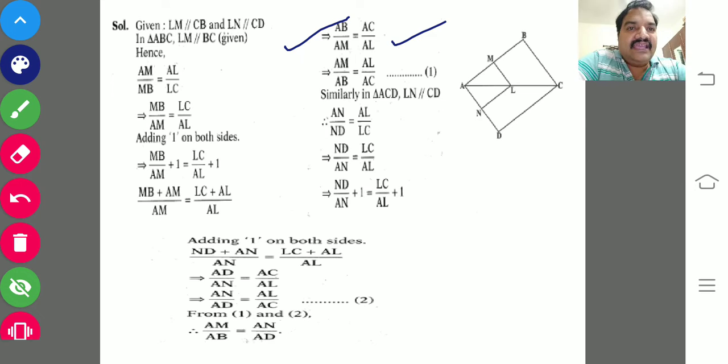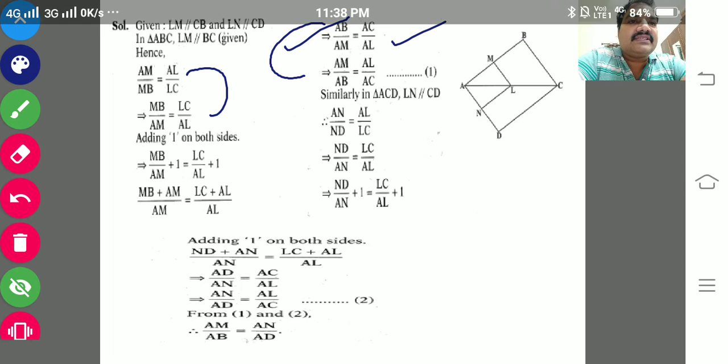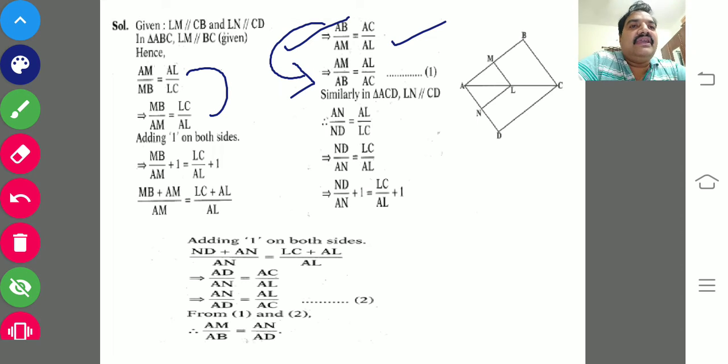Now again, because here you reciprocated, here also you reciprocate. So AM by AB equals AL by AC. Analyzing on the empty slide, we have reached the first equation.